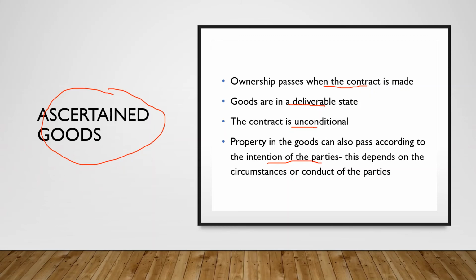An example here is that if you bought a laptop in town and told the guy selling the laptops, please deliver this laptop to my house in Kilimani, the intention is that property passes at the point which the laptop is handed over to you in your house. So understand that when it comes to ascertained goods, ownership in the property passes immediately, or it can pass later on based on the intentions of the parties.